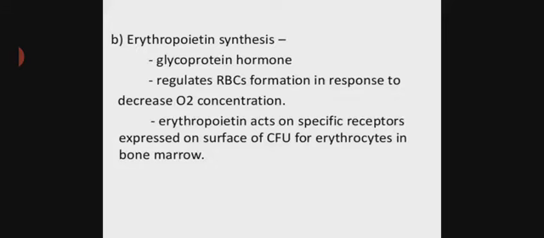Thereby it increases the number of RBCs and maintains the normal physiology of that human individual. And this erythropoietin also acts on specific receptors expressed on the surface of CFU for erythrocytes in bone marrow. So that is the function of erythropoietin. So basically kidney also functions like an endocrine organ by secreting two hormones, erythropoietin and renin.